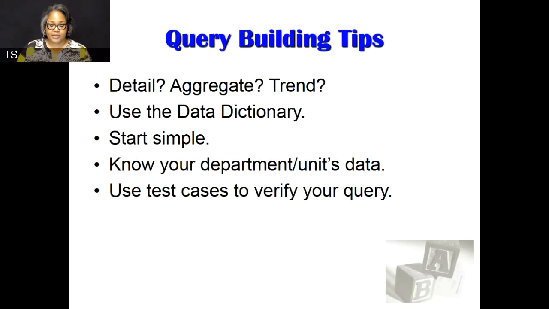Another thing that you want to do is to consider using test cases to verify your queries, so that if you know that you were hired in, say, 2010, and you want to see who else was hired in 2010, then you can use yourself to test your query to make sure that you are actually in the results.